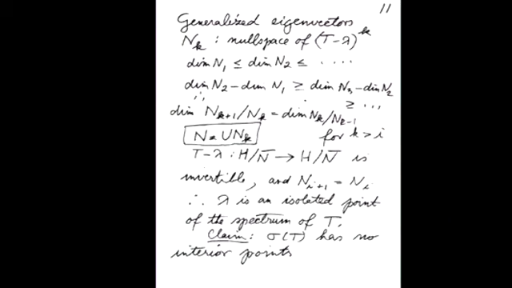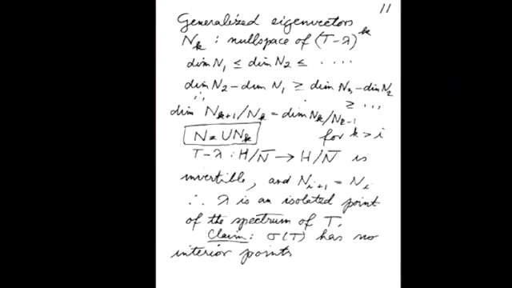I look at the union of all these N's, and I show that T minus lambda maps the quotient space of H divided by the closure of this space one-to-one onto itself, and from that it's not hard to show that there is a value I from which these subspaces stop increasing, and then one deduces easily that this lambda is an isolated point of the spectrum.